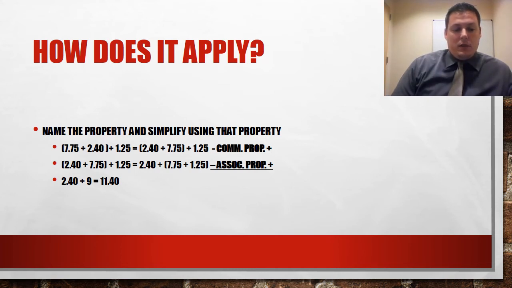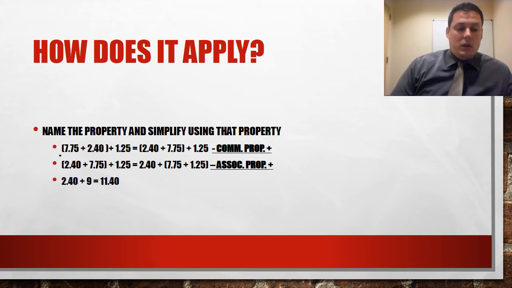So for example, this first one we have 7.75 plus 2.40 plus $1.25. If you think about things that you're buying, the first 2 things you buy are $7.75 and $2.40, and then you decide to buy another thing that's $1.25. In your head it might be easier to switch them.